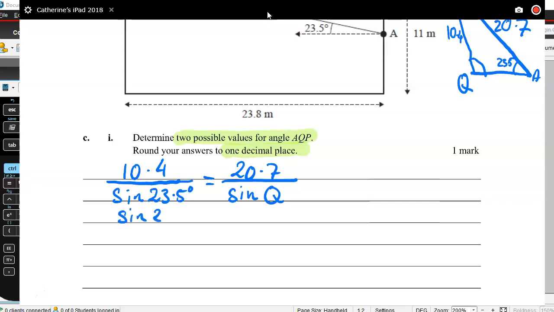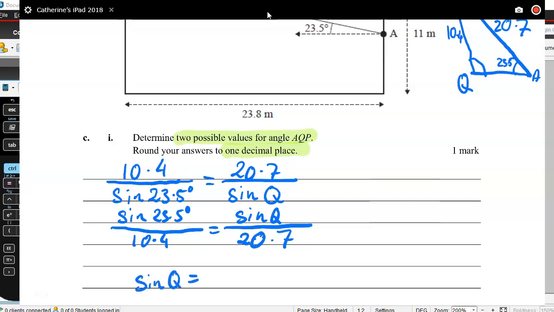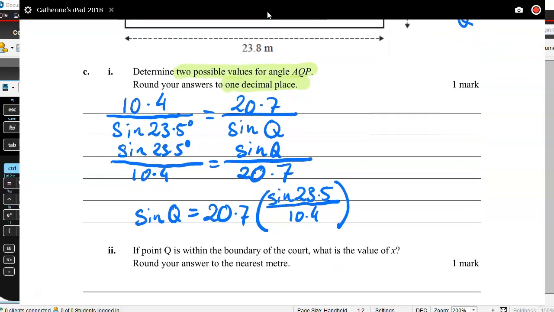So sine 23.5 divided by 10.4 equals sine Q divided by 20.7. So sine Q equals 20.7 times sine 23.5 divided by 10.4.